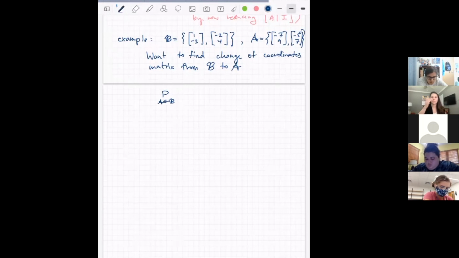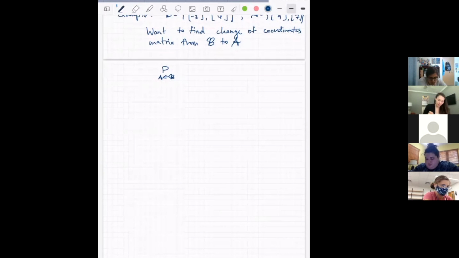I don't know why the textbook writes it backwards, but I'm just going to be consistent with that. So we're looking for this, and we can set up an augmented matrix.